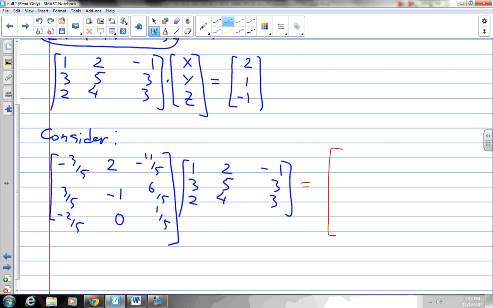Let's see if we can do this in our head. So I need to multiply this by that, right? So this will give me negative 3/5 times 1, plus 2 times 3, plus negative 11/5 times 2. Is that right?